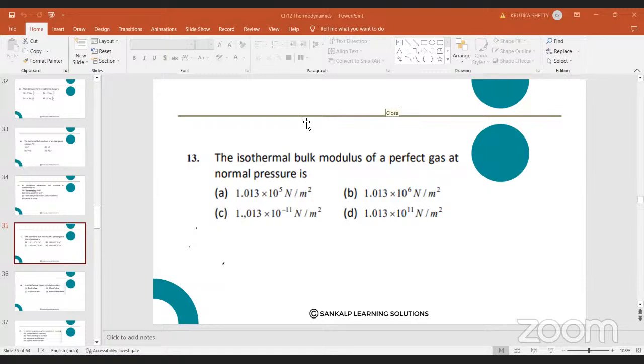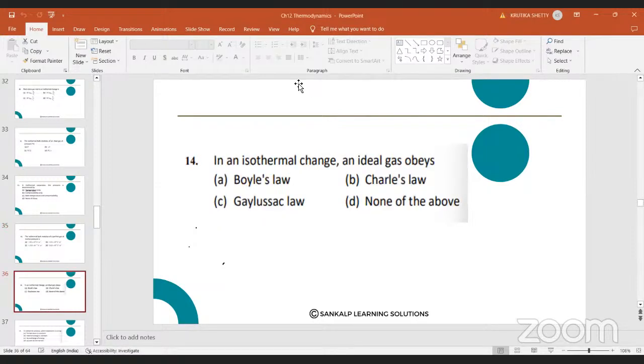Next question. An isothermal state obeys Boyle's law, Charles's law, or Gay-Lussac's law.